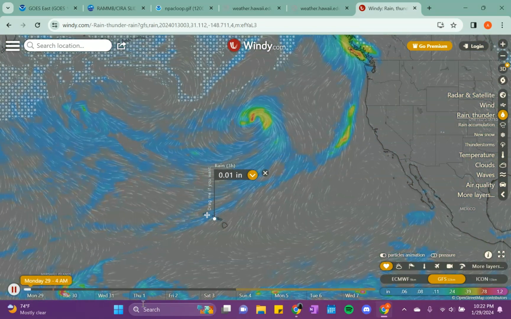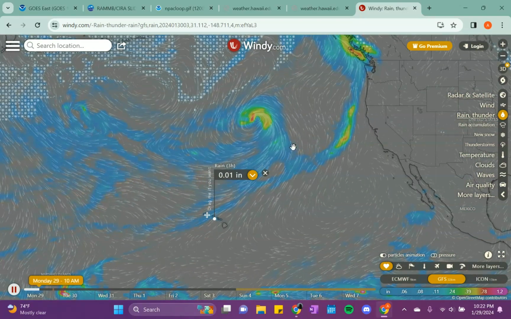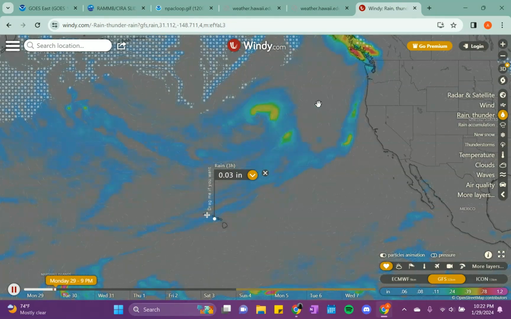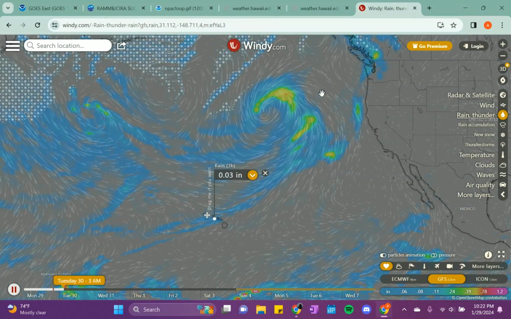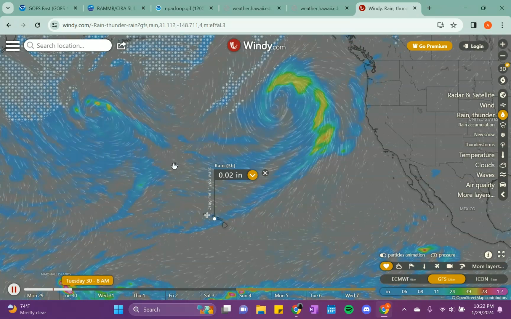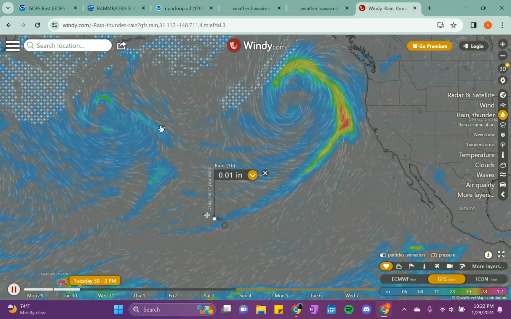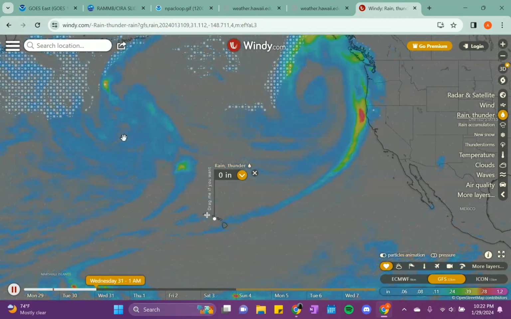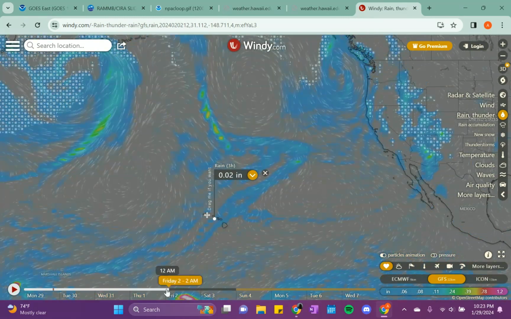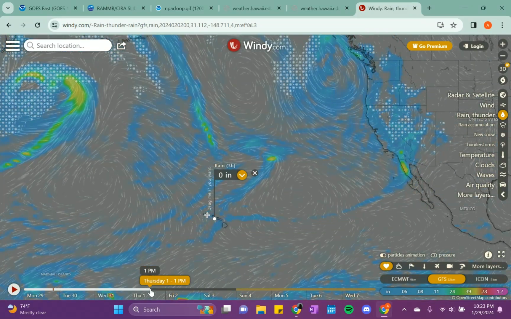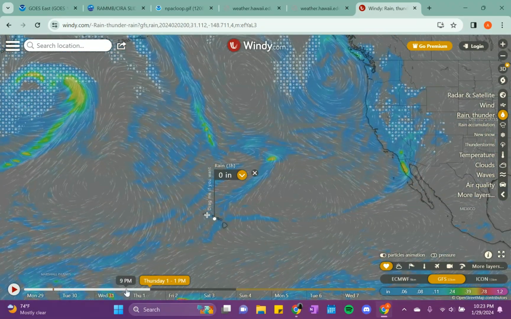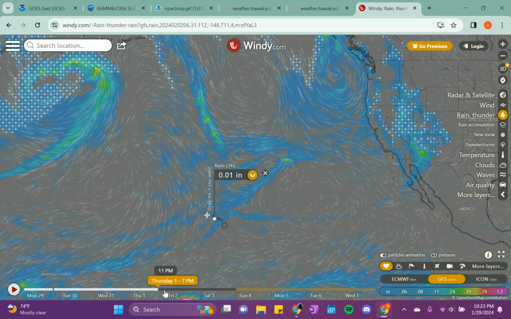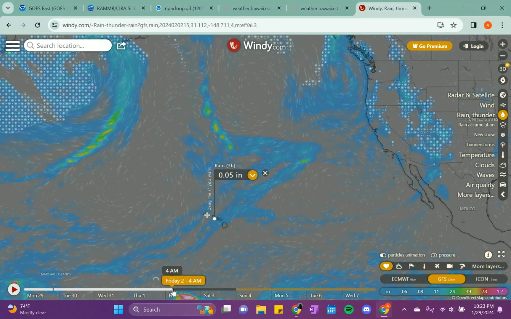And as we progress into the future, we can see how this system will eventually move off, and this secondary system that we were thinking would possibly bring us some rain is beginning to develop. Between Thursday and Friday this week, we might see an increase in rain thanks to this small low pressure system that moves off.